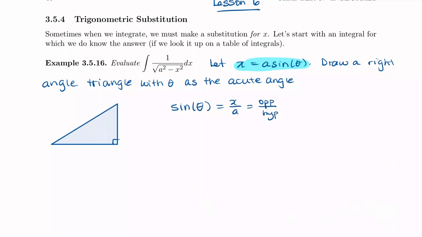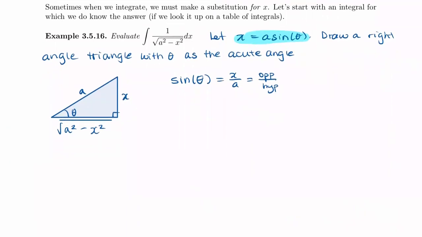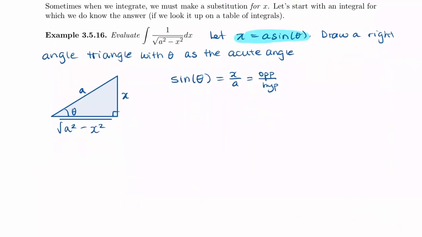So if this is our angle theta here, the opposite is going to be x, and a is going to be the hypotenuse. And if we use the Pythagorean theorem, then this is going to be the square root of a squared minus x squared. Also, we could observe that theta here is just going to be the sine inverse of x divided by a.